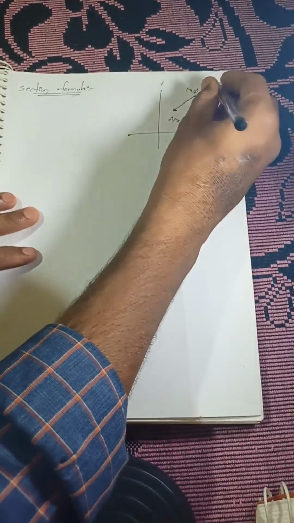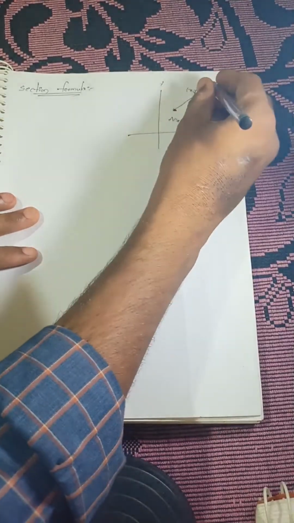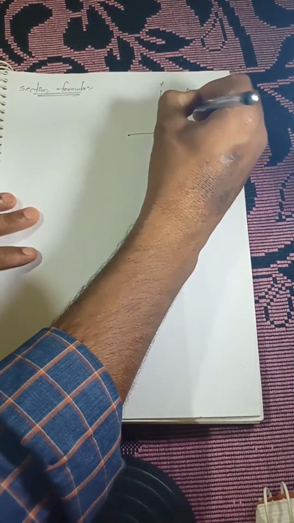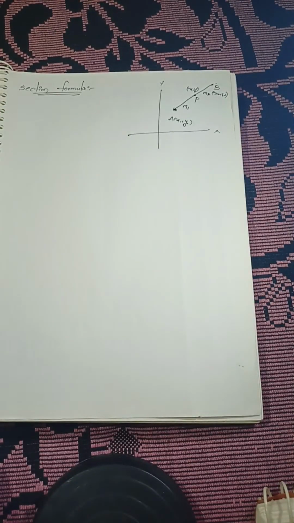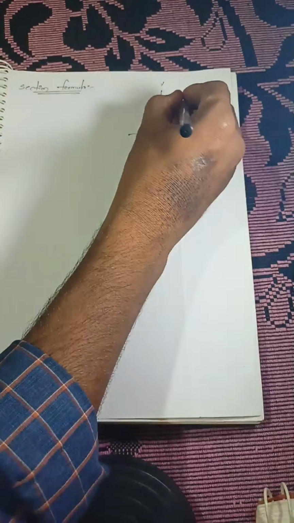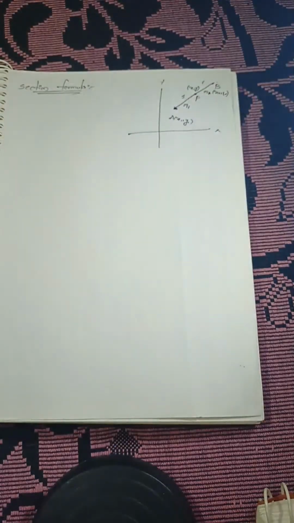So how is it going to divide? For the dividing of AP we are taking the ratio m1, and for the dividing of the line BP we are taking m2. If the ratio is the same, it is 1:1.